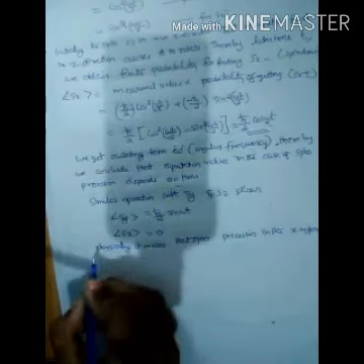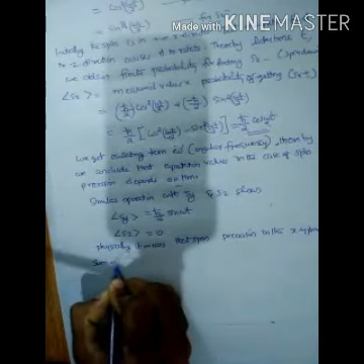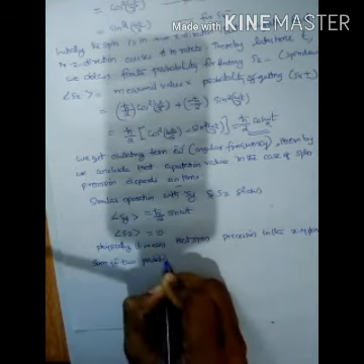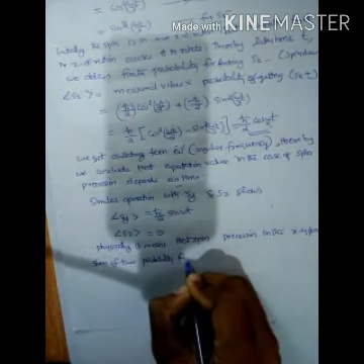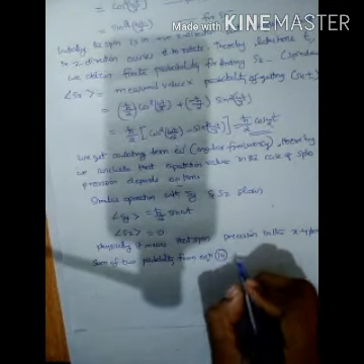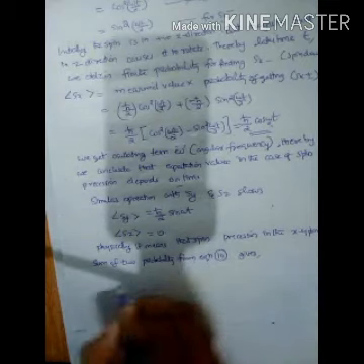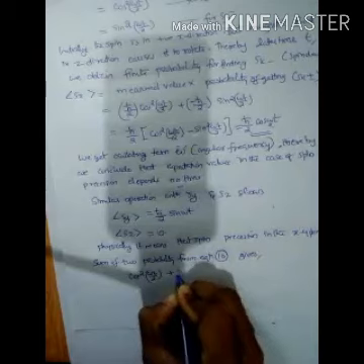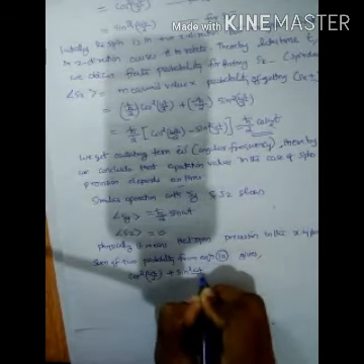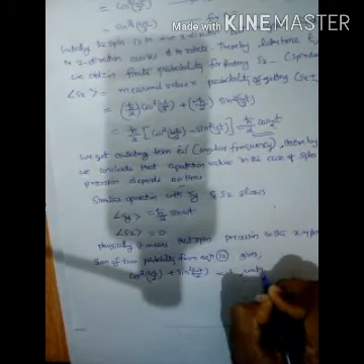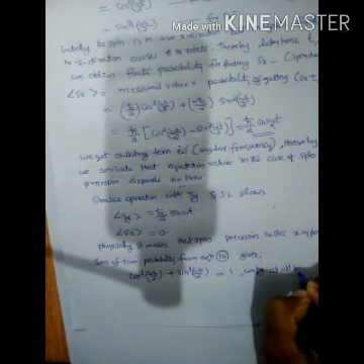From equation 10, the sum of probabilities gives cos square omega t by 2 plus sin square omega t by 2. This is nothing but 1, that is, unity at all times.